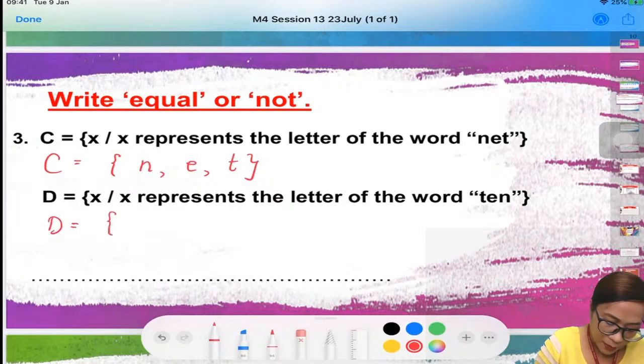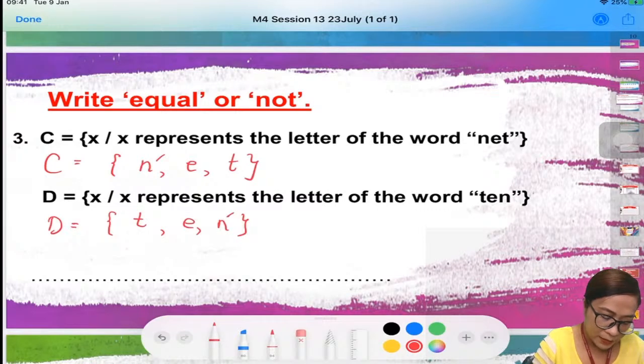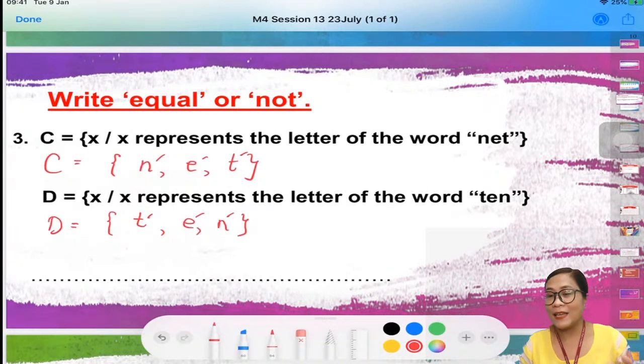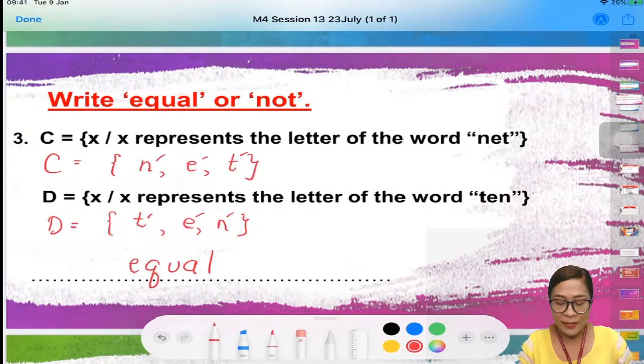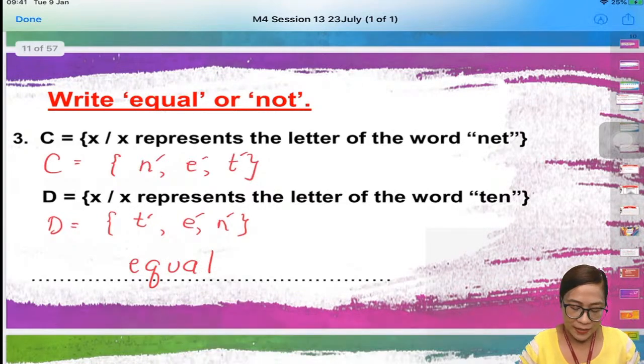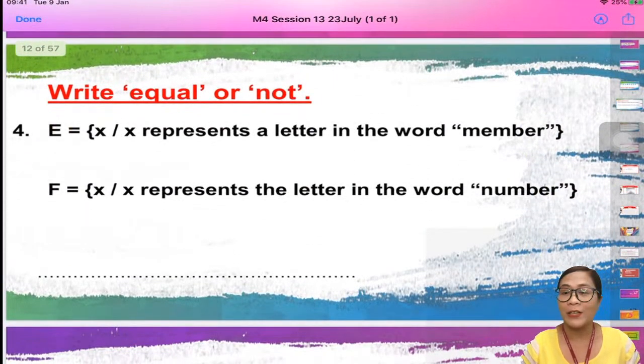D is the set of T, E, N. So what is the answer? Equal. They are equal sets, or just write the word equal. Okay, let's move on to number 4.